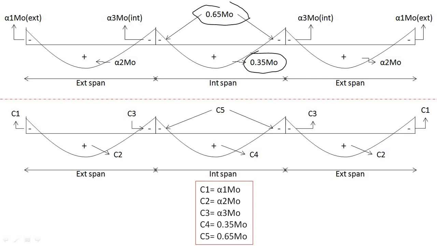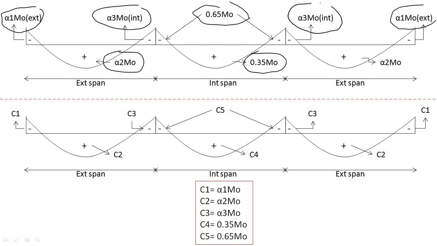For external, at external support it is alpha 1 M0, for negative internal it is alpha 3 M0, and for the positive it is alpha 2 M0. Similarly for the other external span, at external support negative is alpha 1 M0, for negative internal is alpha 3 M0, and for the positive is alpha 2 M0.